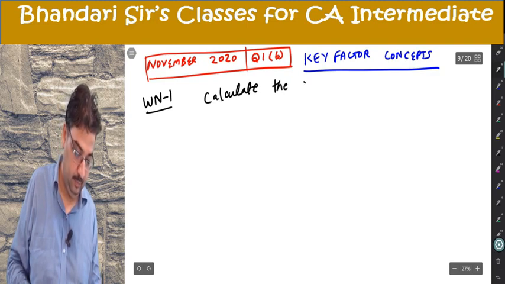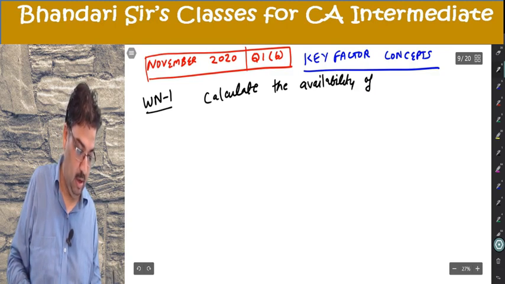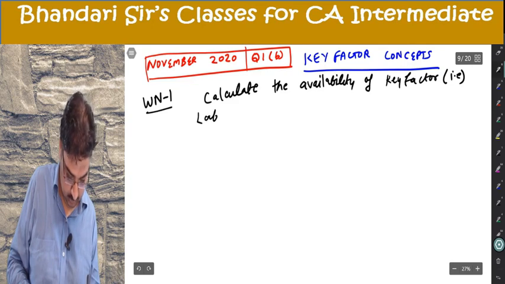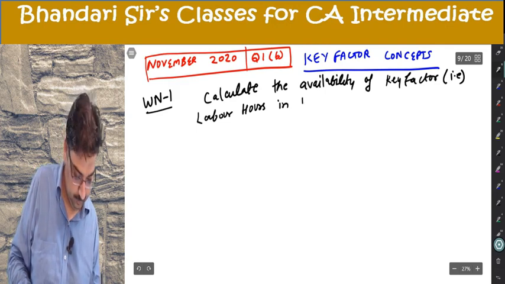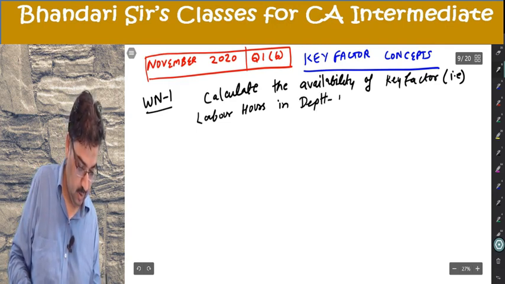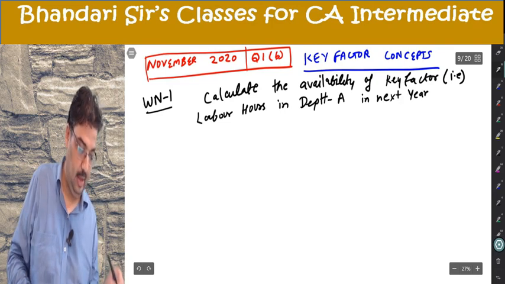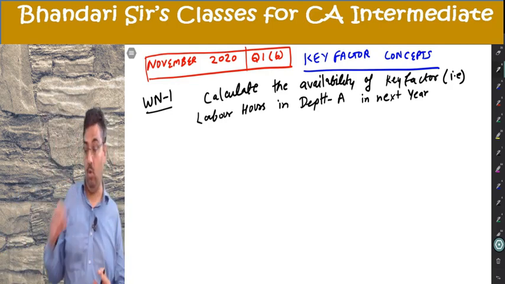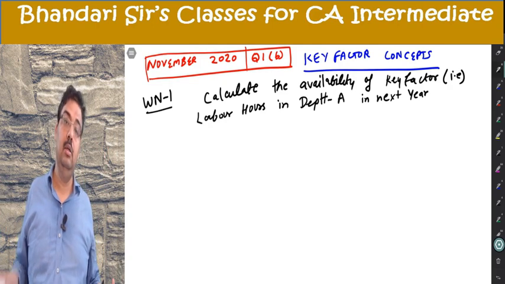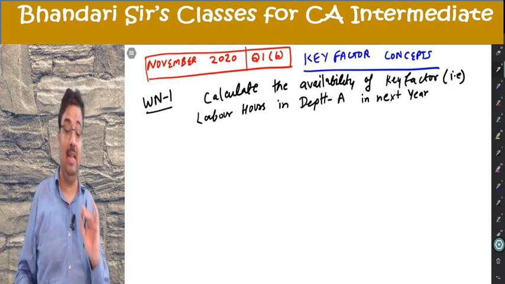Calculate the availability of key factor, that is labor hours in department A in next year. As the question clearly said, whatever was being produced last year, the labor hours are available to that extent only.